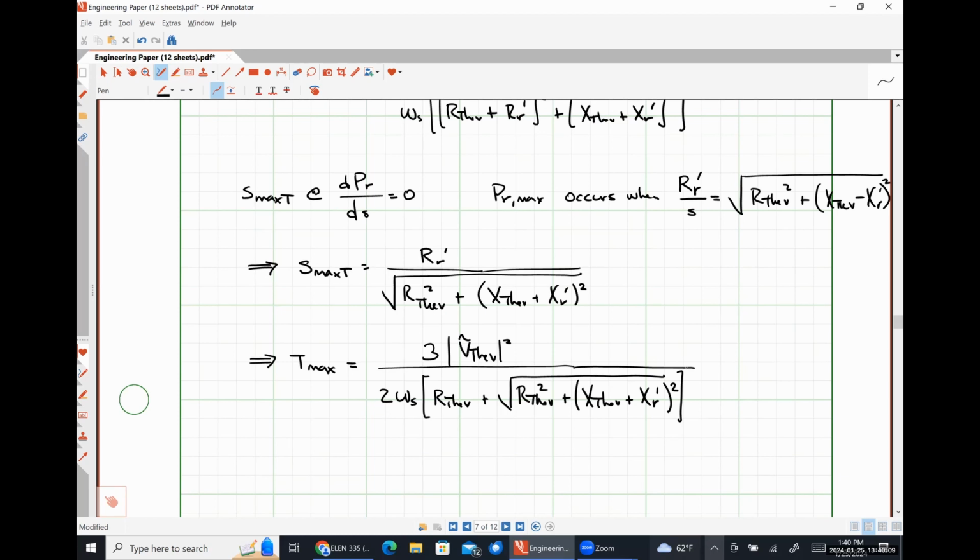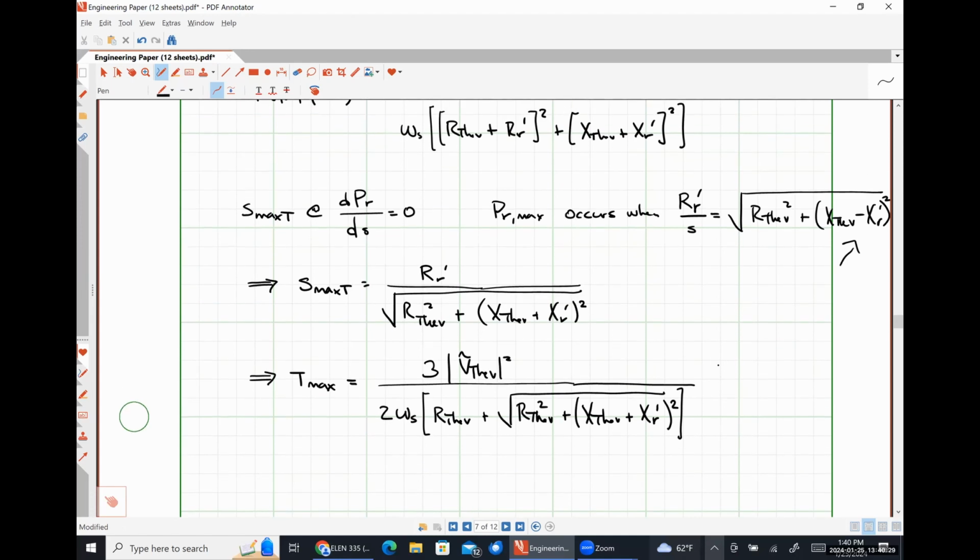Bailey asks whether the X_thev minus X_R prime in the P_R max expression should be positive. Right here, this is supposed to be a minus. Oh, I see what you're saying. I'll need to double check my textbook.